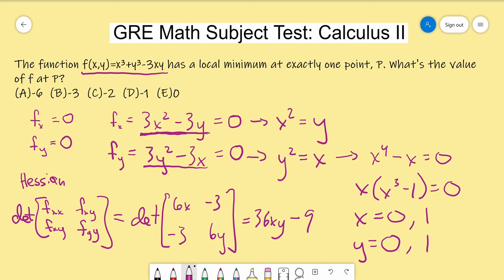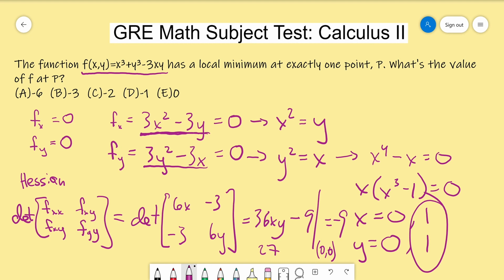Alright, so now we can check. If we evaluate this at the point (0, 0), we'll get negative 9, which is a saddle point. And since we know there's exactly one local minimum, that means that (1, 1) has to be our local minimum. We can check that too. We can plug in 36 times 1 times 1, that's 36, minus 9 is going to give us 27, which is positive.